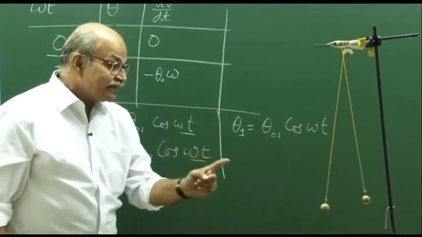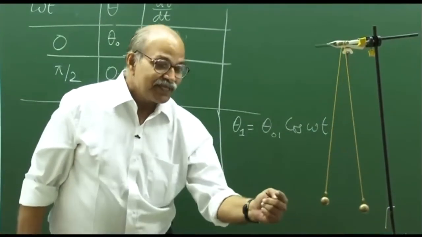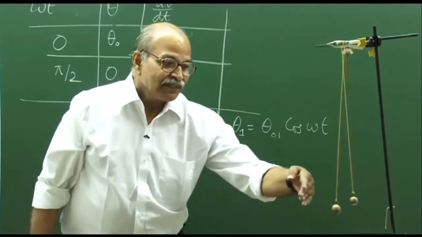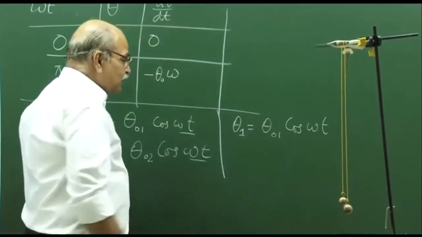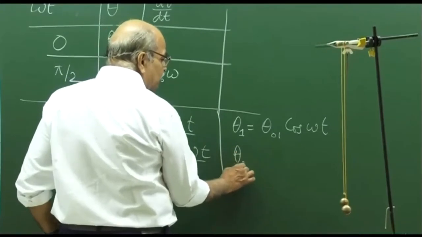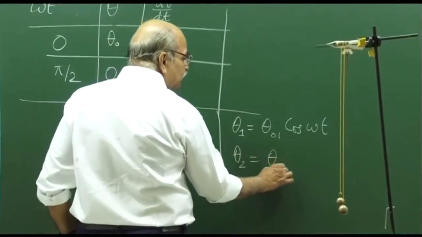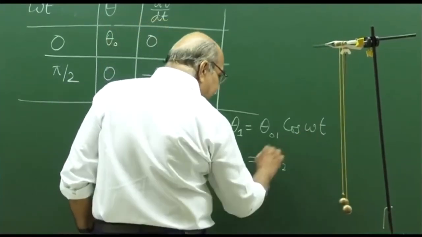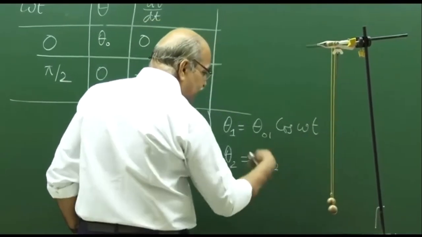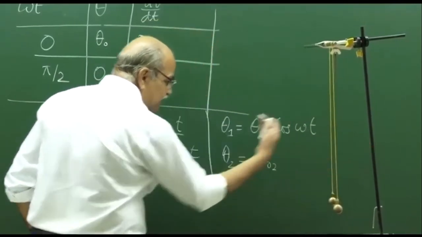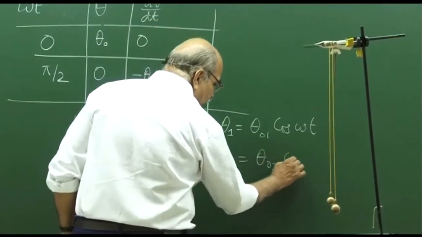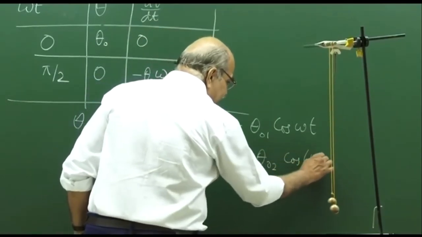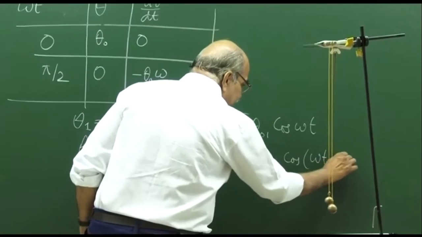At that instant, this second pendulum must be at the right extreme. So for the second pendulum, my equation should be theta 2 equal to some amplitude, and then negative of this, when this is at left extreme, this is at right extreme, and so on. So you can write this as cos of omega t plus pi.